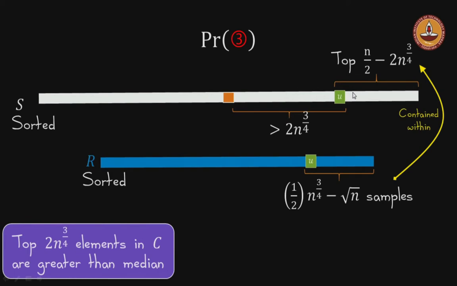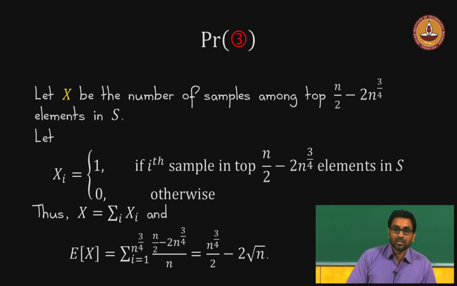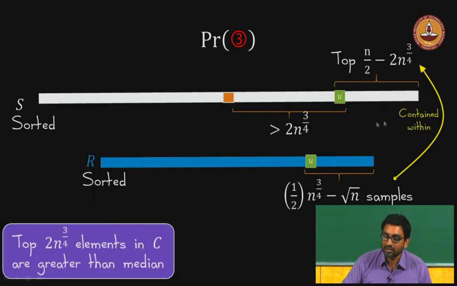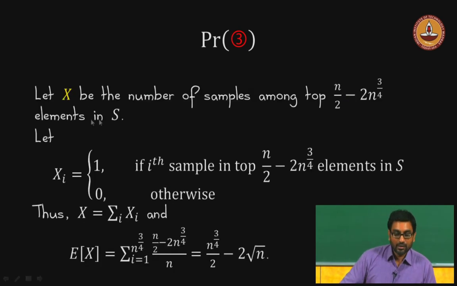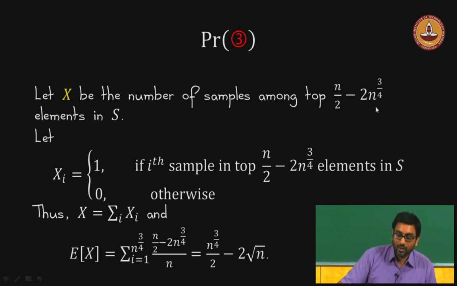Okay. So, now we can write out this bad event. For that we are going to define this random variable X. It is the number of samples in this region, in this top n by 2 minus 2 n to the 3/4. Okay. It is the number of samples in R among the top n to the 3/4 samples in R, but drawn from the top n by 2 minus 2 n to the 3/4 elements in S. Okay.